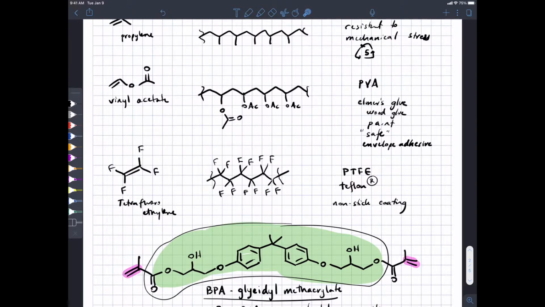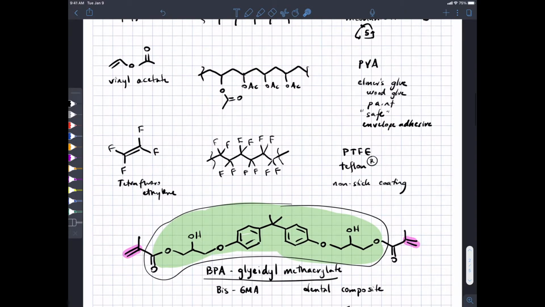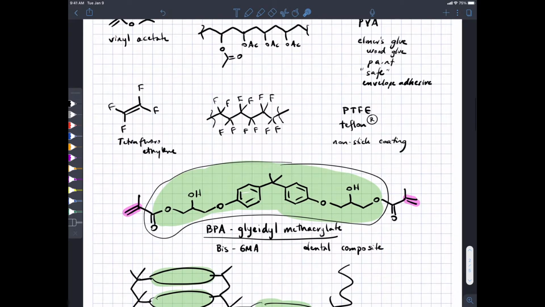What the dentist is doing there is, this is the dental composite molecule. It looks really horrible, but actually it's just basically polypropylene with two individual propylene molecules linked together with this larger linker. It's called BPA, which refers to this segment, glycidyl methacrylate.